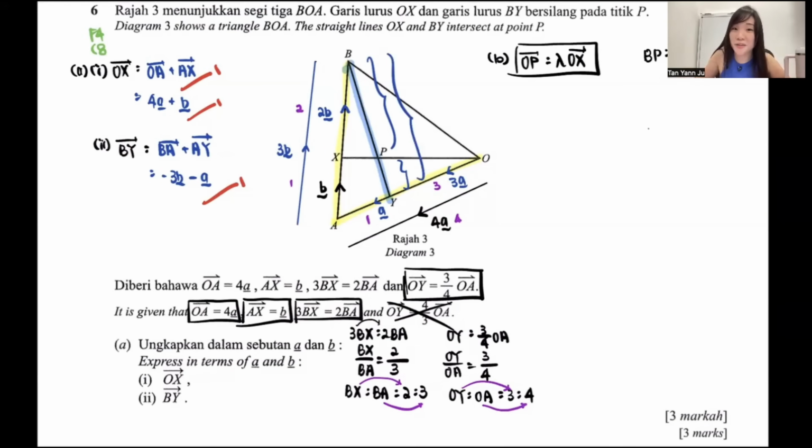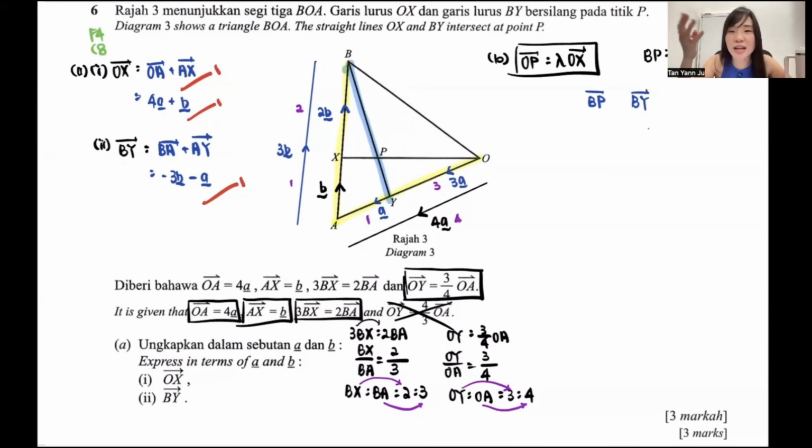I will use BY. You know why? You look at A2. Isn't it, you already have your BY answer, my dear. So I will definitely use BY instead of PY. It is so hard to get PY. Of course, you can try it yourself, but I'm teaching you the fastest way. So now I will be doing BP and BY instead of PY.